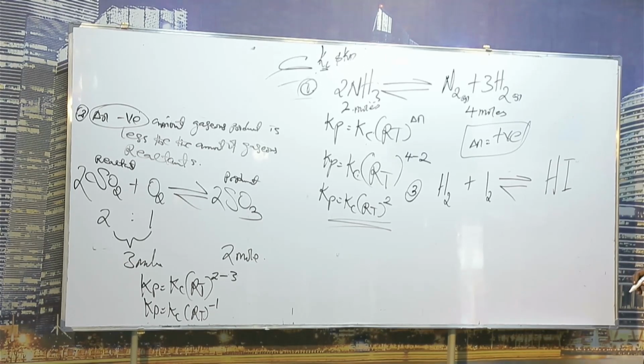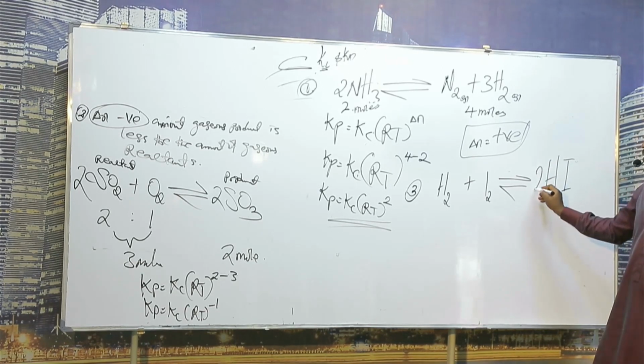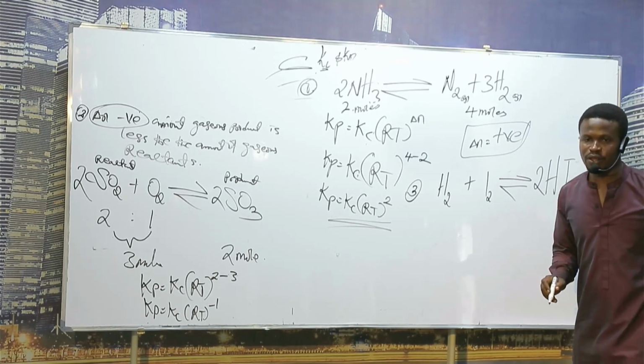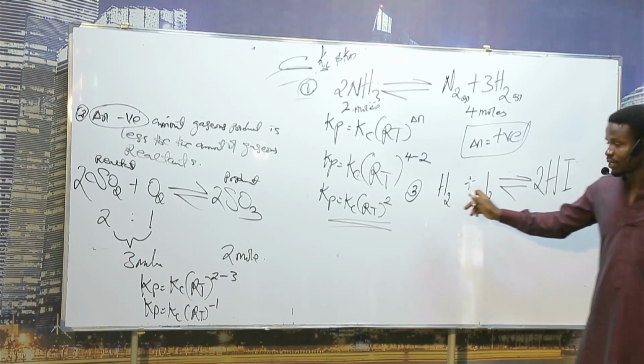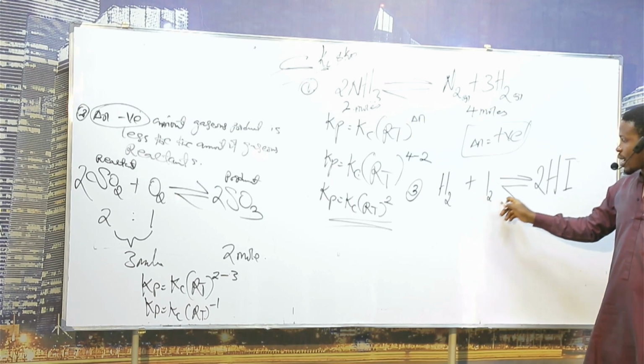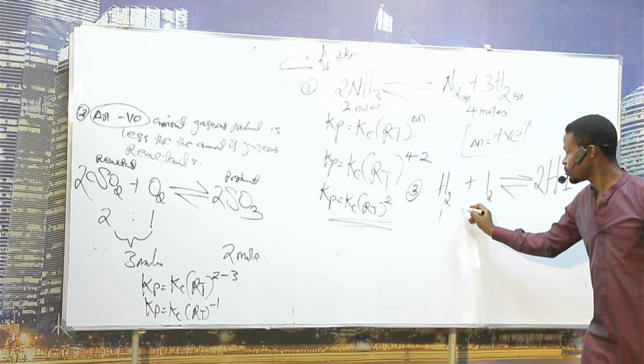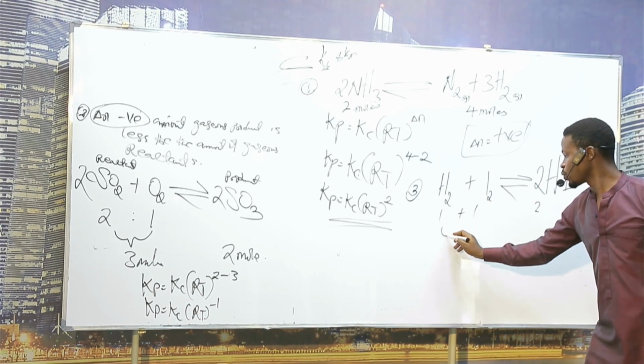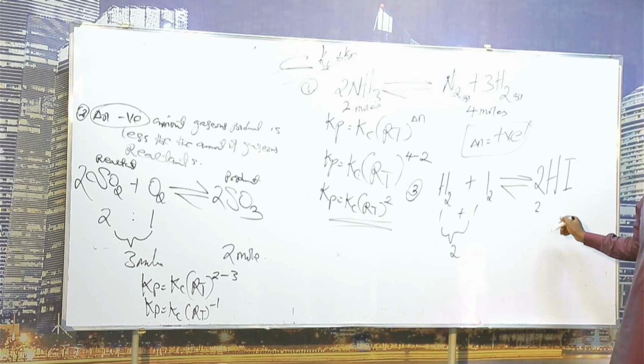Should we balance? We write 2 here. So what is the stoichiometry of the reaction? 1, 1, 2. So 1 plus 1 gives 2. This is 2 moles and 2 moles.